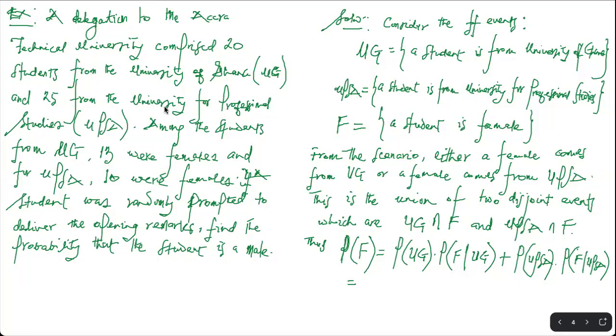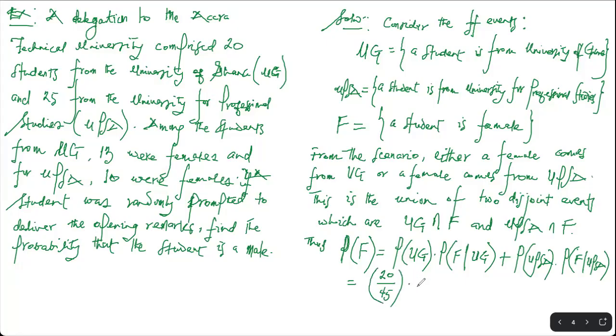So in all, there are 45 students coming, all right? So the probability that a student is from UG would simply be the number of students from UG over the total number of students. So that's 20 over 45. Which can be simplified, definitely, but let's just leave it this way for now.